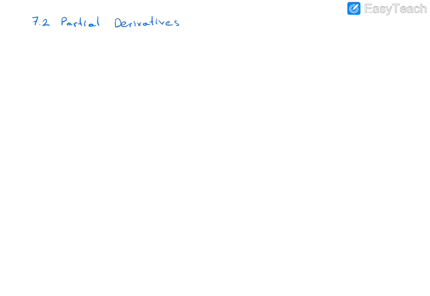Actually, we know how to differentiate many kinds of functions of one independent variable. For example, trigonometric functions, exponential functions, polynomials, etc. And how to interpret the derivatives that result.